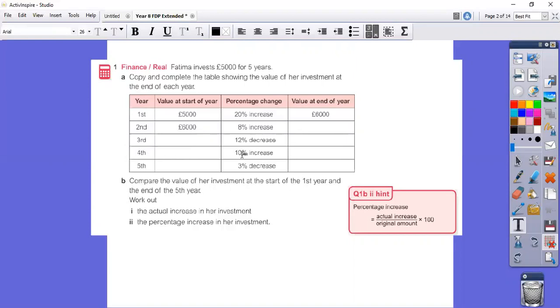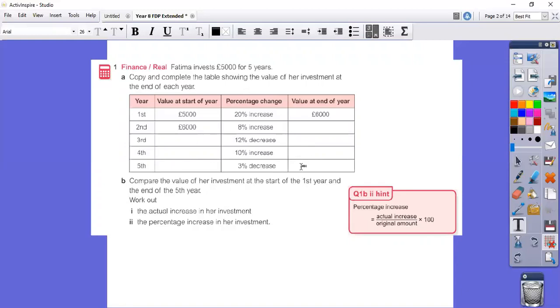So multiplying by 1.1 gives you the value at the end of the year. And then the value at the end of year 4 rolls over into the value at the beginning of year 5. And this time it's a 3% decrease. So this time you have to multiply by 0.97 to work out the 3% decrease.